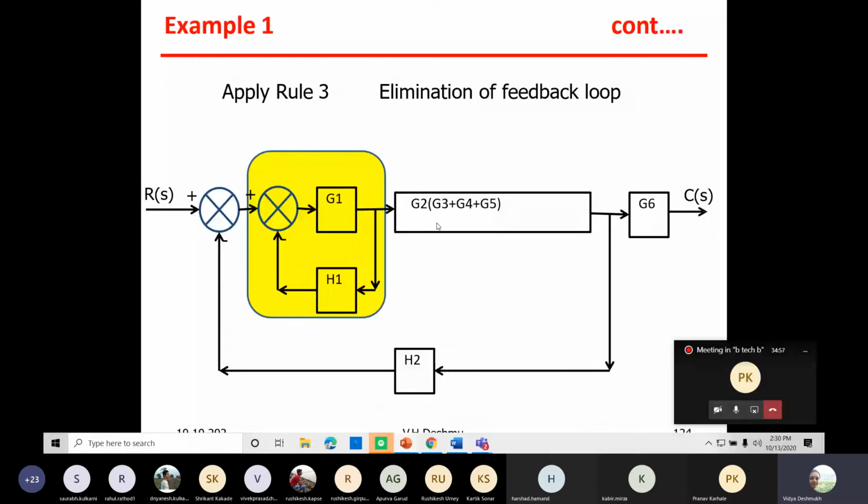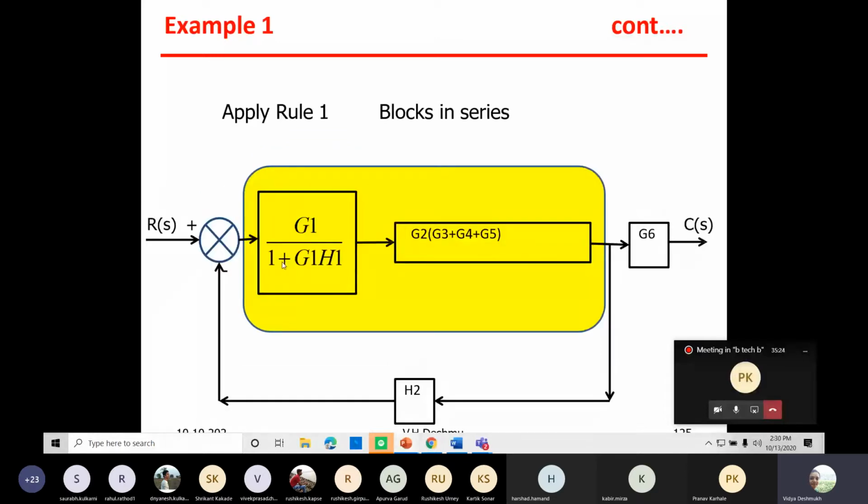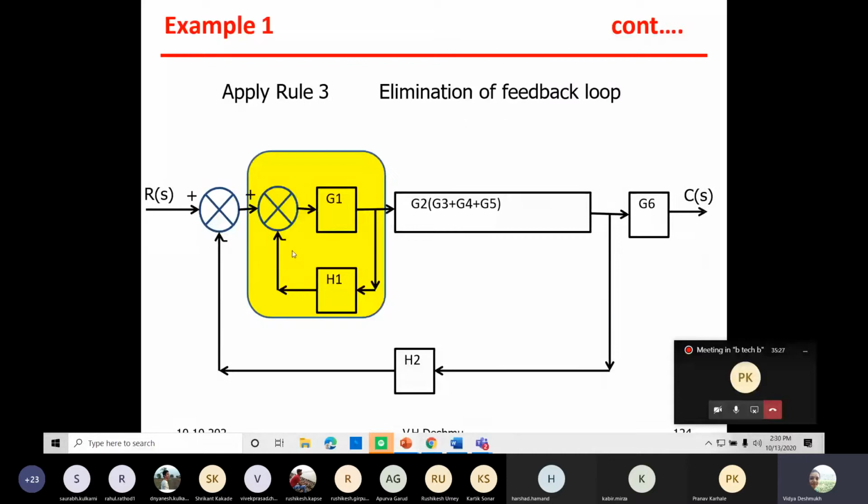Now, elimination of feedback. This feedback H1 can be eliminated by applying rule number 3. Here a minus sign is there, so what will be the equation? If feedback is minus, G1 divided by 1 plus G1 into H1, the gain of the block into the feedback gain.